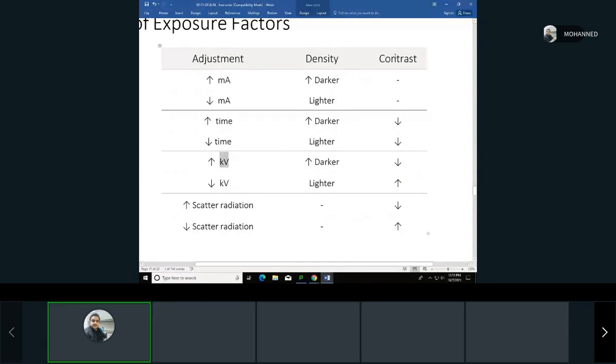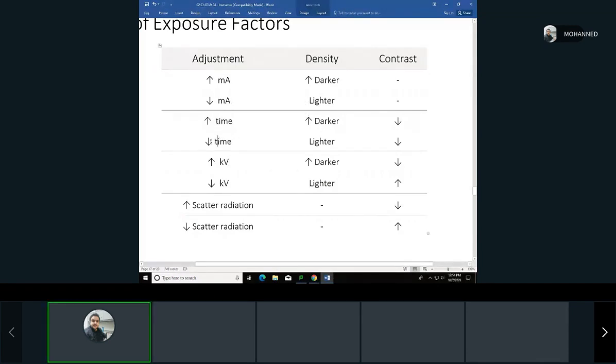Now, when we look at contrast, it doesn't relate directly to the amount of X-ray or electrons produced. So we're not talking here about the milliamperage with the contrast. We're talking more about time, kilovoltage. So if you look closely, if we increase time, you'll actually have less contrast.